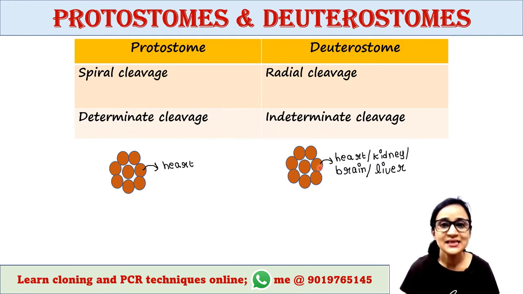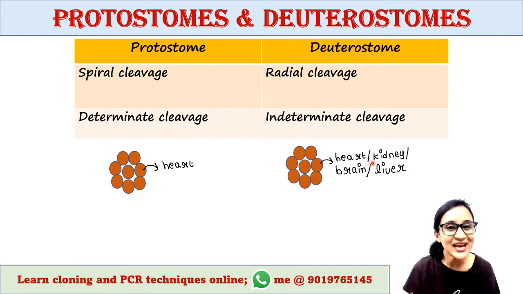Suppose this cell will be a future heart cell. Now you isolate this cell and put it in another location of a second embryo. Now the cell may become a future brain cell, kidney cell, heart cell or liver cell. So its fate is indeterminate.